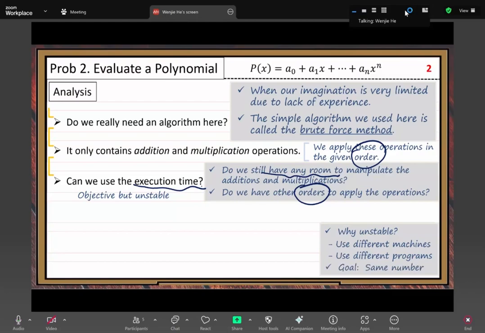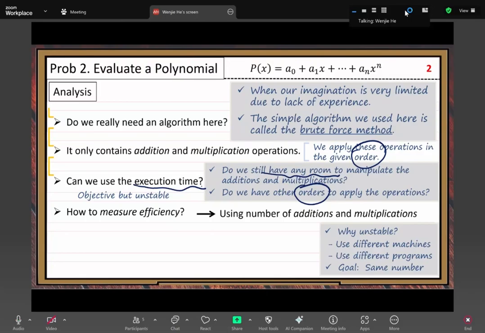So the stable measure means that when you use different machines, different programs, you always get the same number. That's what we mean by stable here. So for that number, we use the number of additions and multiplications.